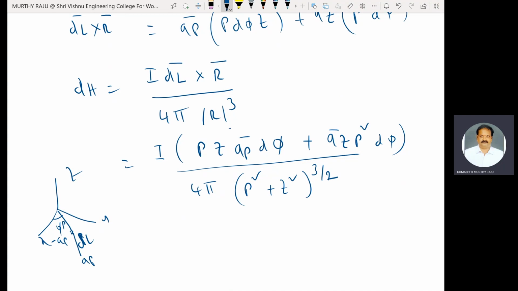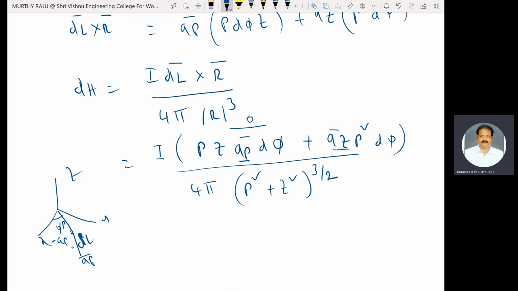Therefore, this term is equal to 0. dH bar consists of two components, a rho and a z. Due to radial symmetry, this one is a rho and this one is minus a rho; the components cancel each other.